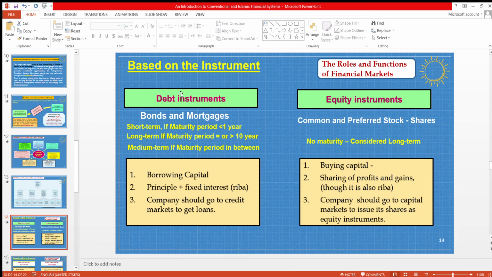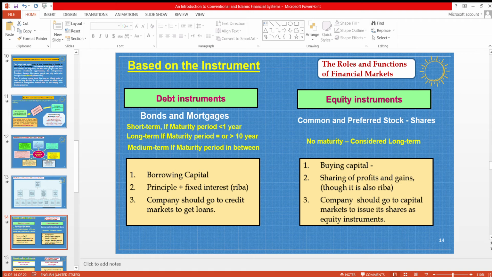And medium term, if the maturity period is in between, for example 5 years, 6 years, 7 years, then we say this is medium term, 1 to 10, because equal to 10 becomes long term maturity. So these are debt based instruments. And then the equity market.